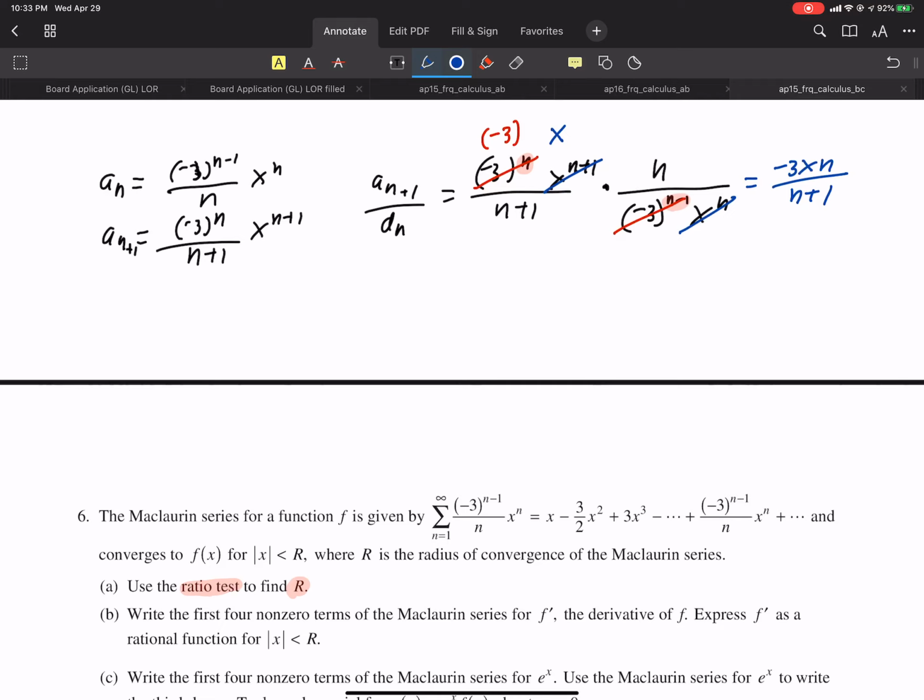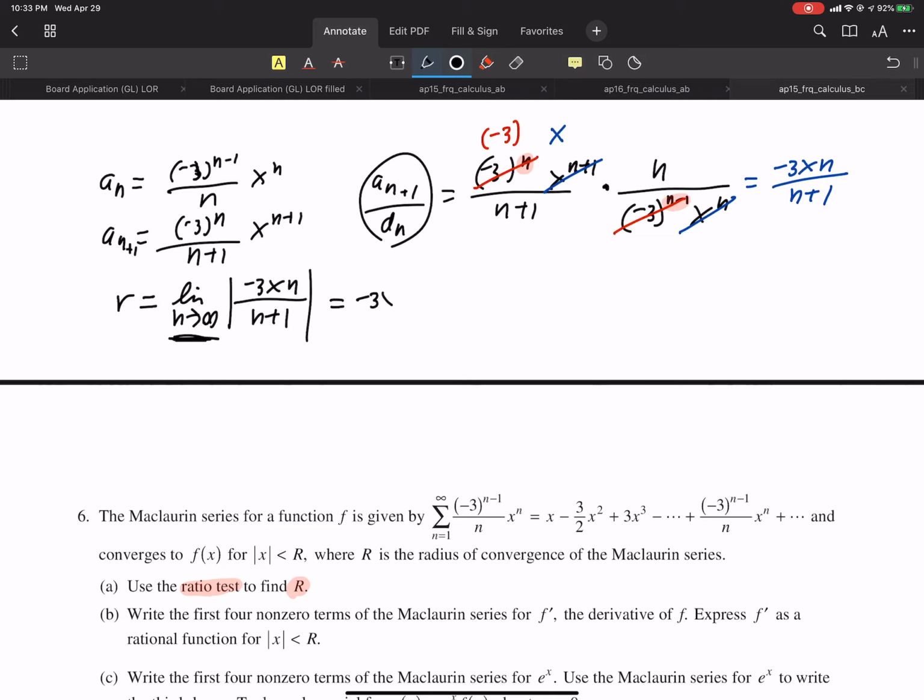So what does the ratio test tell us? The ratio test says you find this thing called r, which is the limit as n goes to infinity of the absolute value of this ratio, which will be this. Now if you look in this limit, n is changing. So x is a constant.